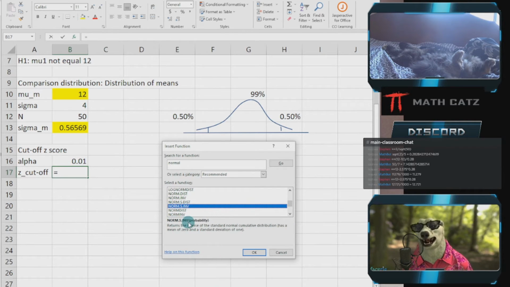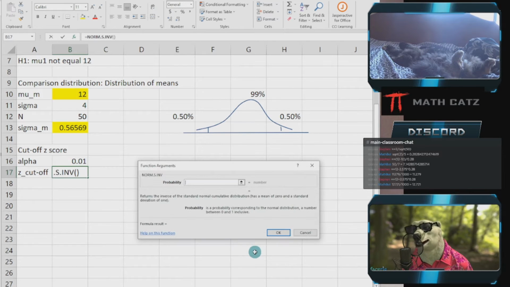The inverse function, given a probability or a percentage, returns the Z-score, returns the inverse of the standard normal. Okay, so that is the one that I want, and it's always going to be cumulative. So I can go one of two ways. I can look for this 0.5%, or I can go look for 99.5%, and then I'll get the positive version.